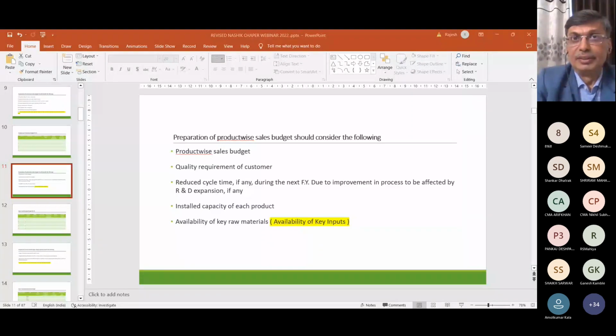Rather than giving a single order to one vendor, it may split its purchase order between two or three vendors. Another advantage is that there will not be any shortage of raw materials, so it will result in sustainable production for the company. The capacity utilization and the utilization of the resources will be optimum.